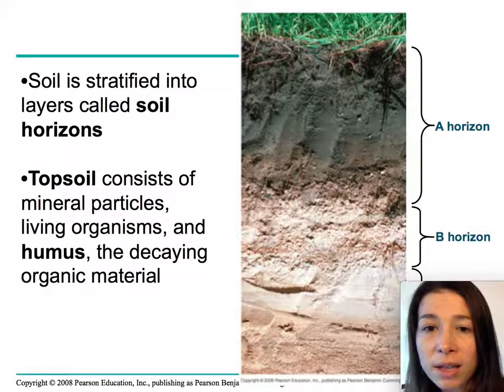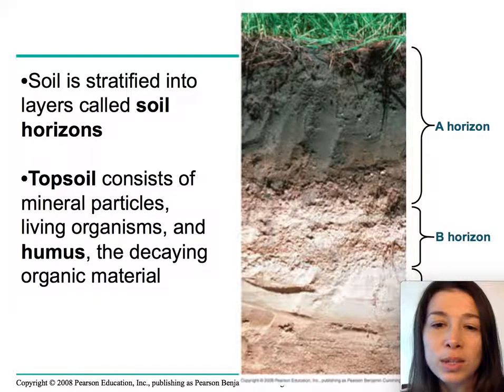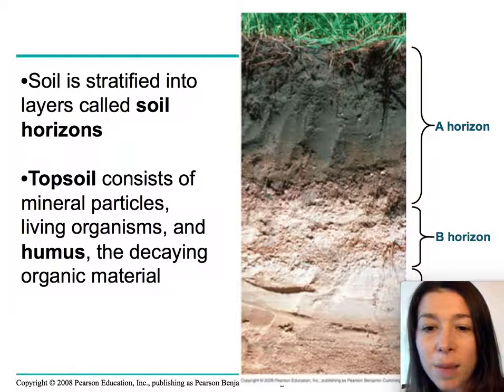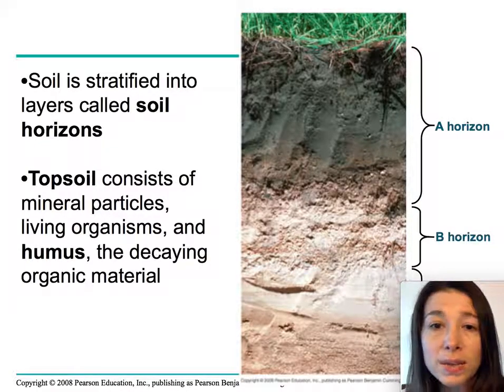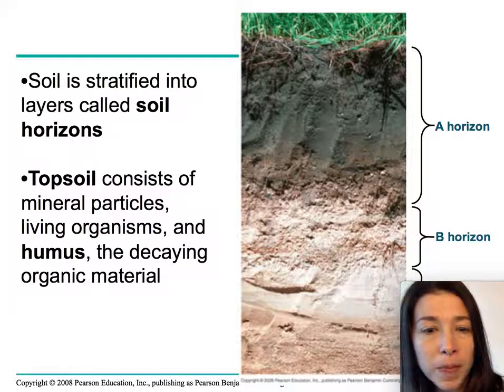So this is because the top layer has plants, so we can see in this picture here that there's grass on top, and when some of those grass blades die, they will fall into the earth and decompose, and microorganisms as well as macroorganisms are going to decompose this plant, and they are going to contribute these nutrients back to the earth through various methods of decomposition. So that topsoil is very fertile. So it has a lot of decaying organic material and humus, as it is amusingly called.